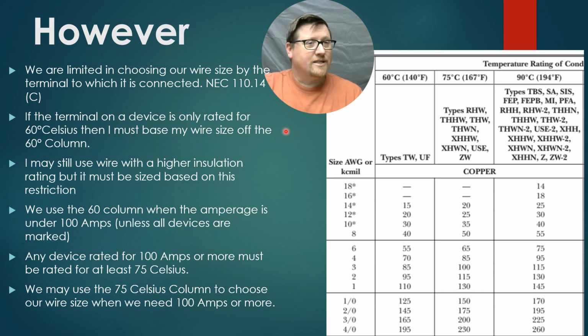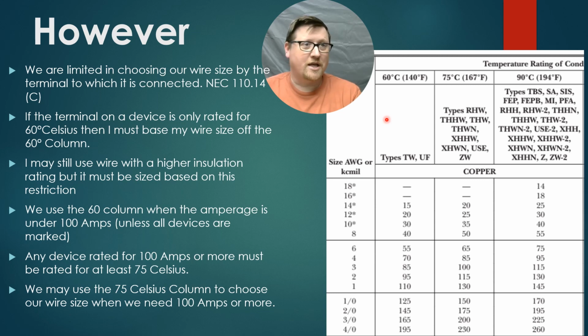And so anytime that the amperage is less than 100 amps, if I'm given that the terminations are 75 degrees for all the terminations in the series, fine. But if one of those terminations is not listed for 75 degrees, then I have to use the 60-degree column for that wire.